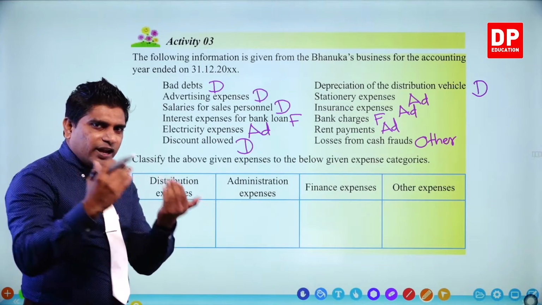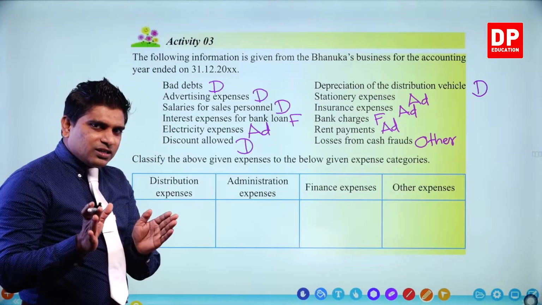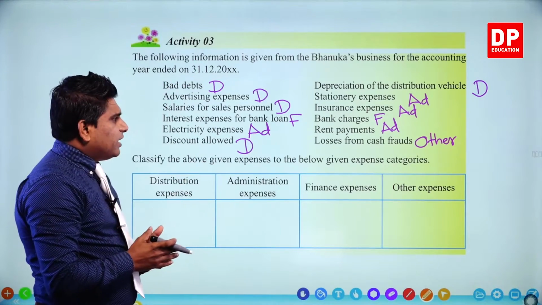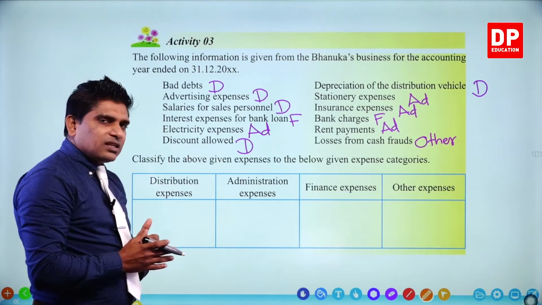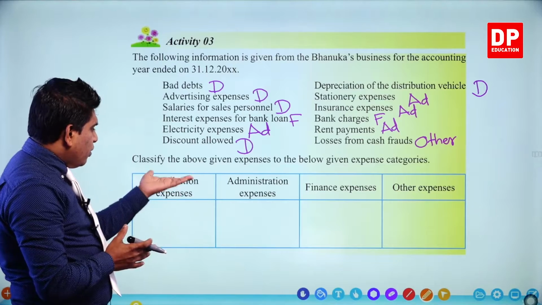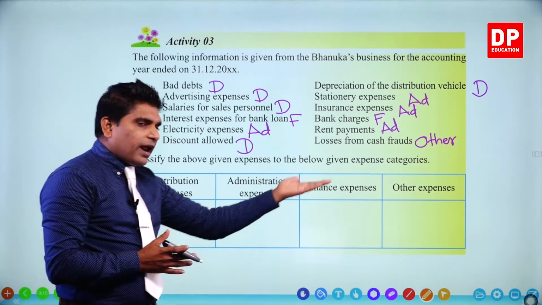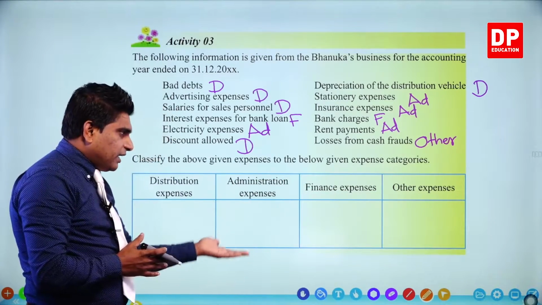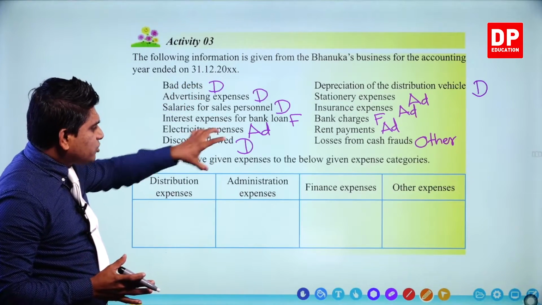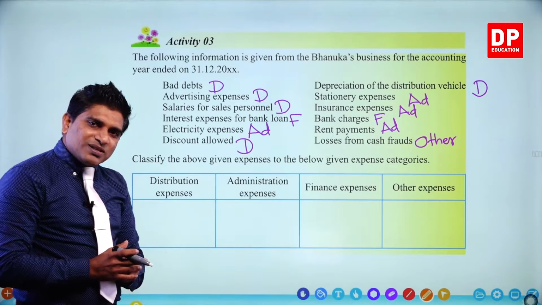I think you can write down. If you have the textbook, you can keep it with you, and you can classify these expenses into categories. It's easy if you draw this kind of table in your writing book, copy the same kind of table, and put these items under the relevant expense category.